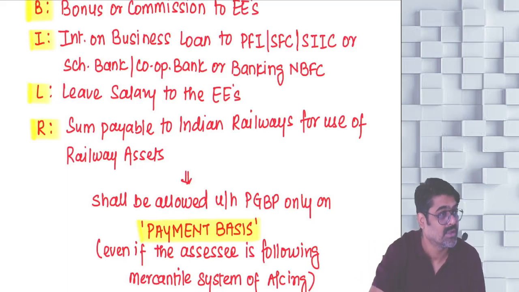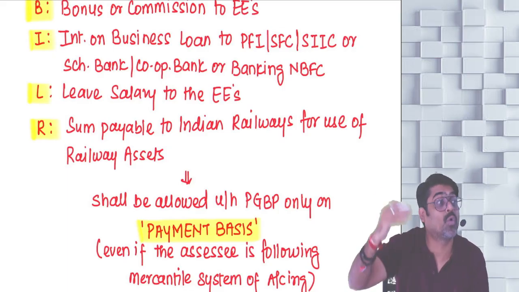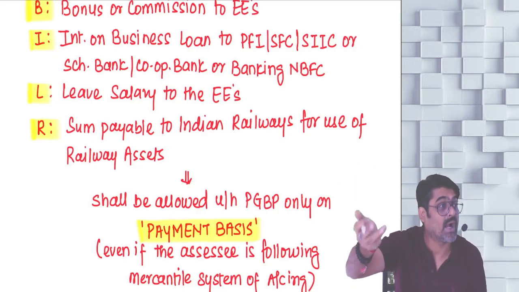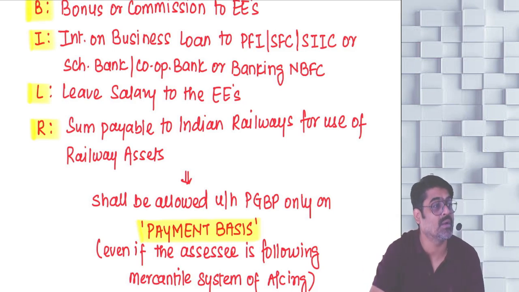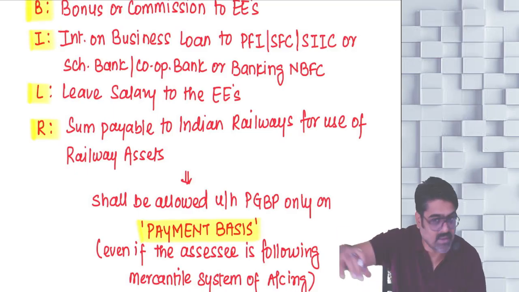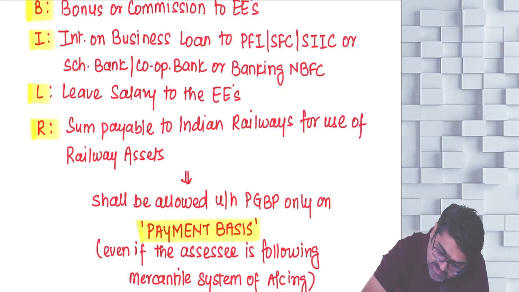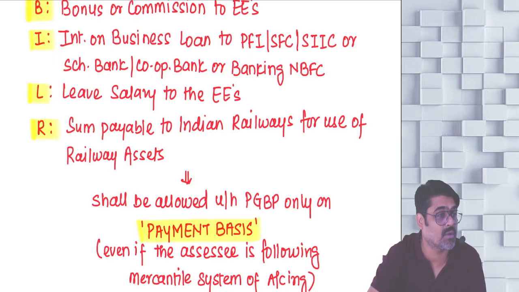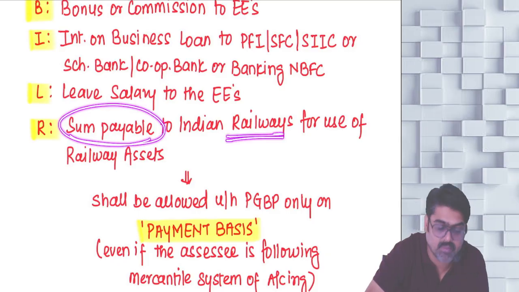Yes. When you use any assets of the railway, even the hoardings of the railway for your advertisement, those canteens on the railway platforms for running your canteen business, yes or no? Even the railway wagons for transportation of your goods, any asset of the railways you are using for your business or profession, and for that asset, now the sum is payable to the railways.